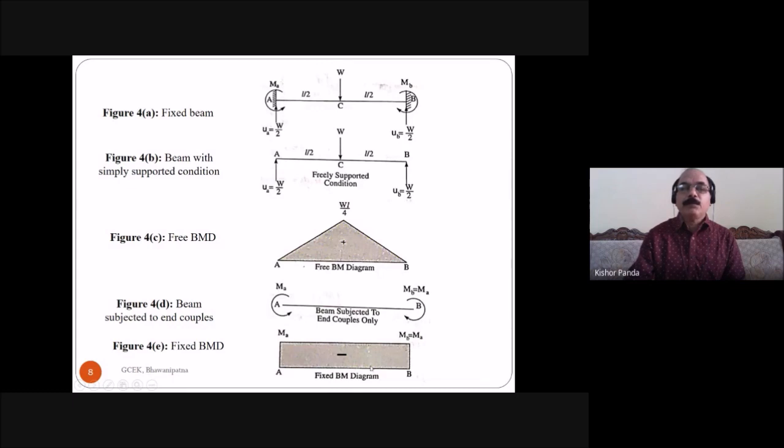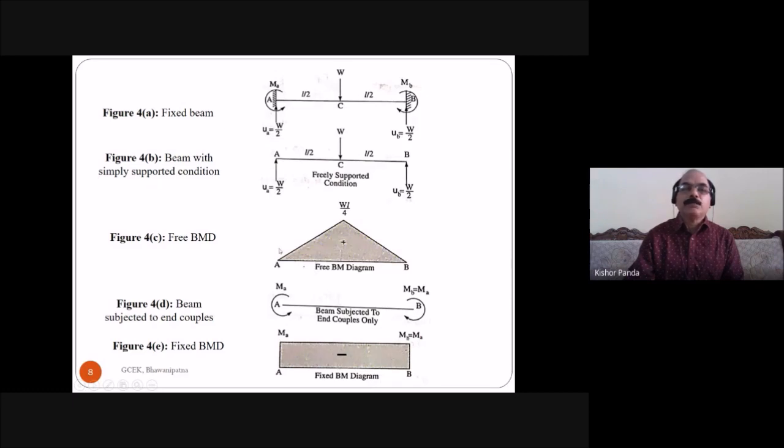Here the fixed bending moment diagram is a rectangle, and you have to assume the bending moment due to the fixed end moments is negative. This is negative, this is positive. The area of the free BMD you take as A1, and the area of the fixed BMD you take as A2.